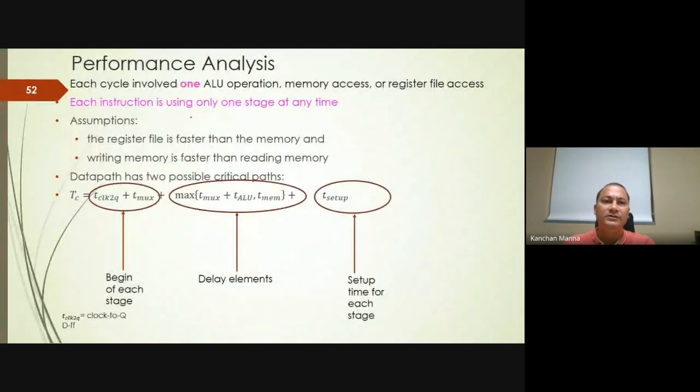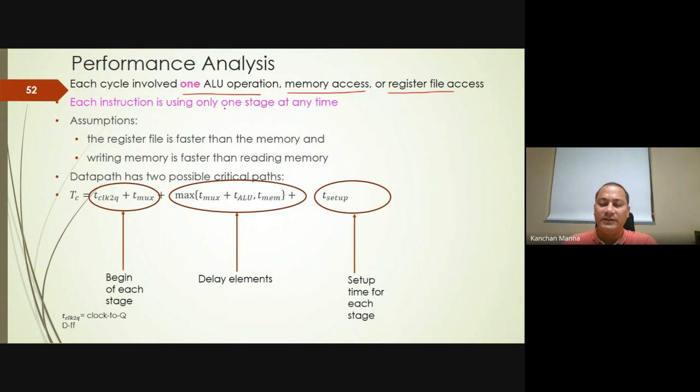Now we'll see how to find this T. To calculate the T, we have made a few assumptions. In each clock cycle, one ALU operation or one memory access or one register file access is involved. And each instruction is using only one stage at a time.